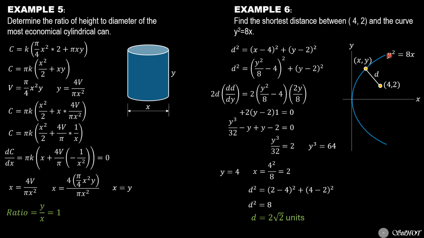So as a technique, if it is the distance that is asked, then this is not given unless the question is finding the point on the curve nearest to this external point (4, 2). Then we can have the technique of evaluating the distance between 2 points, and the one that is lowest, or the one that gives the minimum value, is the point (x, y) that is closest to this external point.